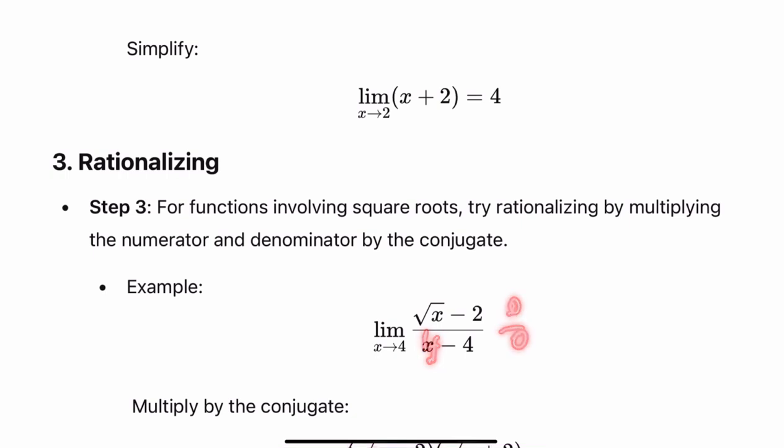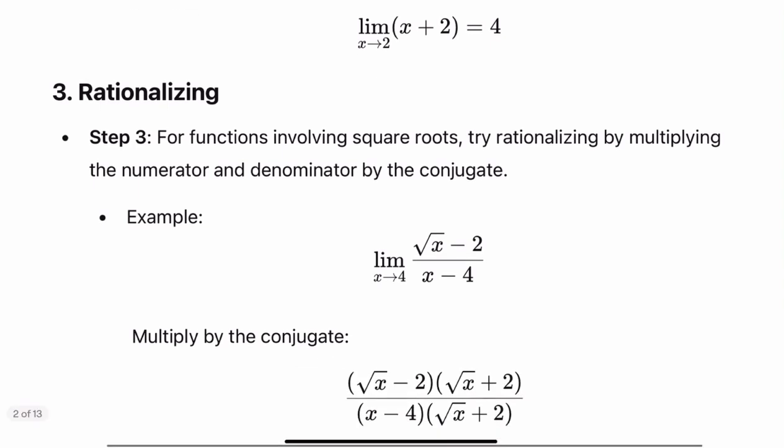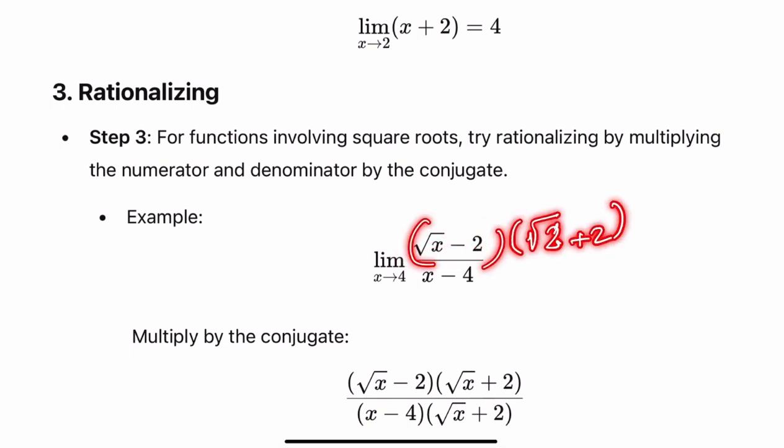But we see that we have the square root here, so we try rationalizing, and we can multiply by the conjugate to eliminate the square root. So I will multiply by the conjugate of this one, so we can get rid of the square root. So we will multiply by square root of x plus 2 over, and we will divide by the same thing, square root of x plus 2.